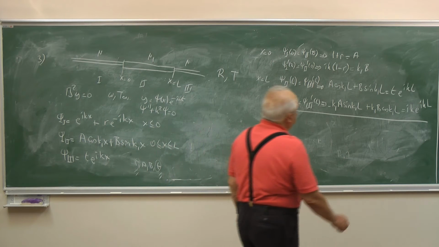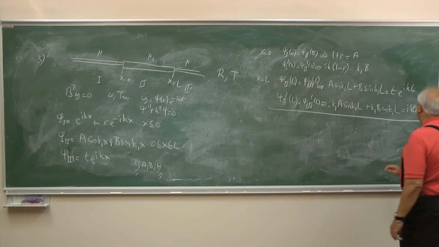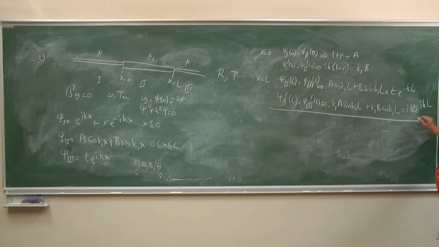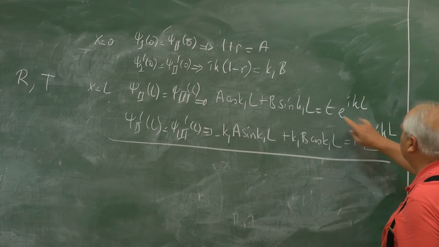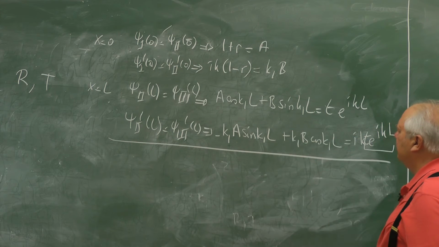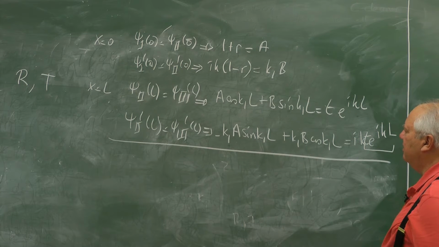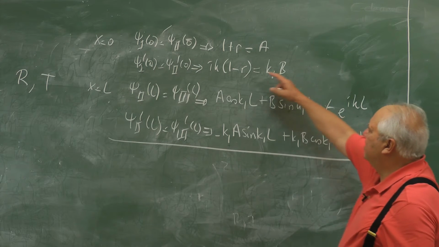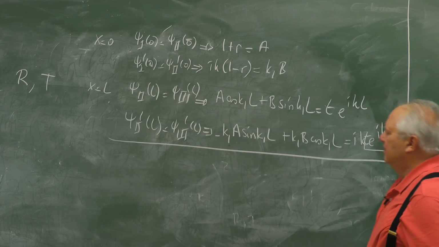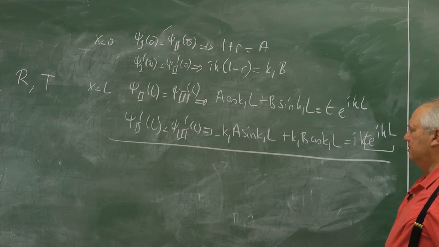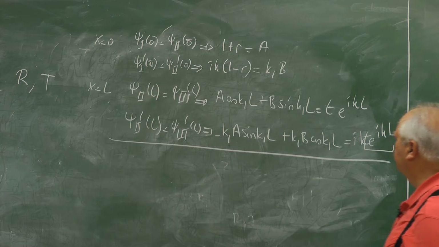So first, there's a t e to the ikL here, so we can replace this one with that. This just gives me an equation with a and b. But a and b are given in terms of r, so I can solve for r. It is simple in principle, but we need to do some algebra. So let's begin.